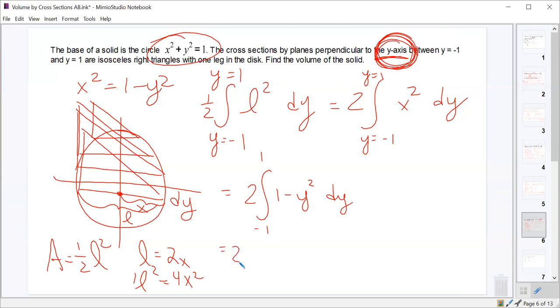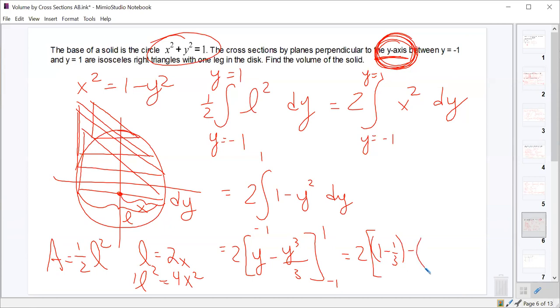Integral of 1 is y, and the integral of y squared is y cubed over 3. So we have y minus y cubed over 3 from -1 to 1 gives us 2. And the first part here, we got 1 minus a third. We plug in 1.